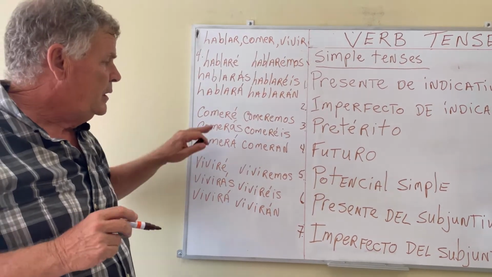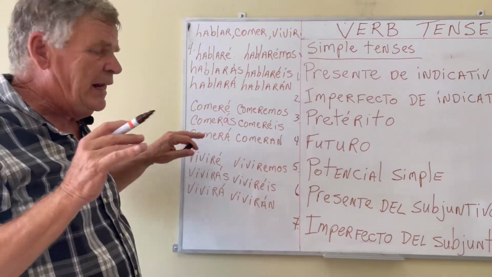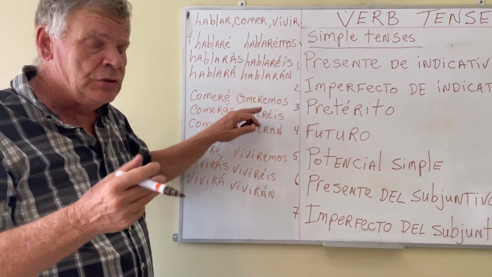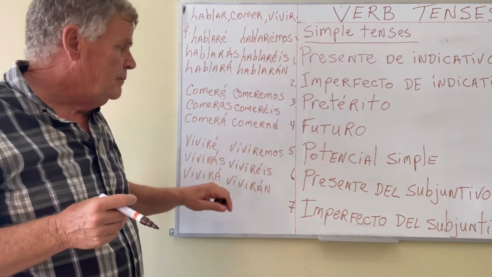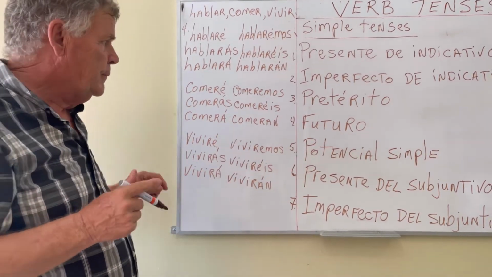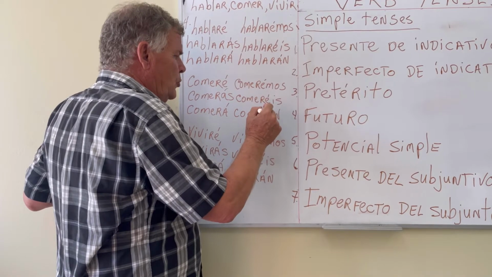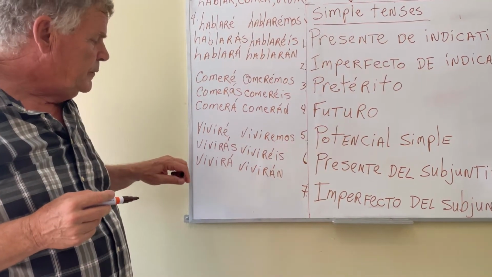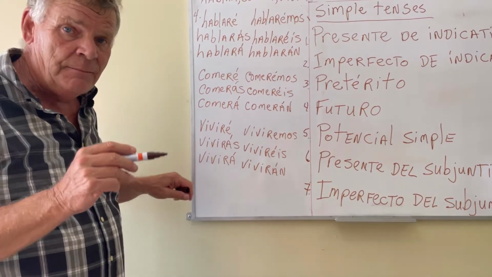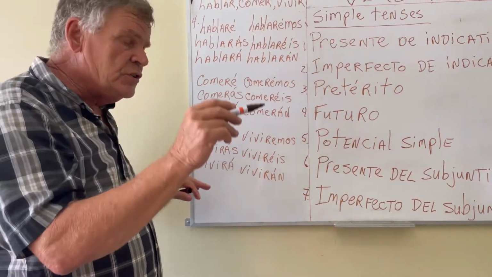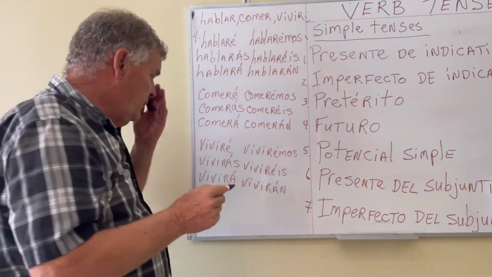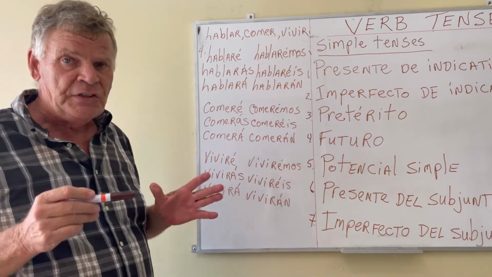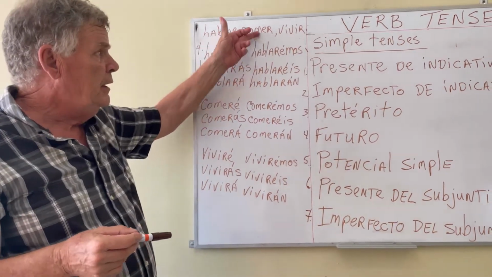Por comer, comeré, comerás, comerá, comeremos, comeréis, comerán. For vivir, viviré, vivirás, vivirá. Viviremos, viviréis, vivirán. Okay, so that's the future tense for our three conjugations.